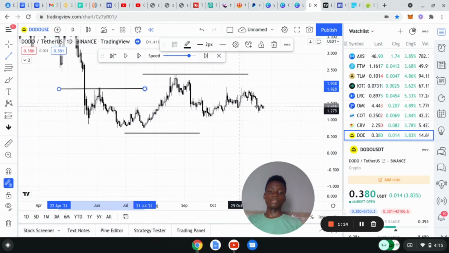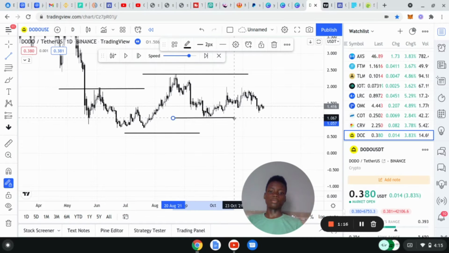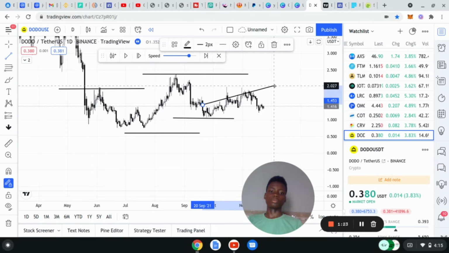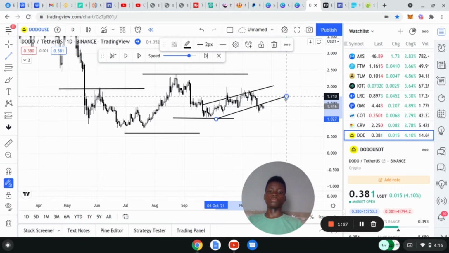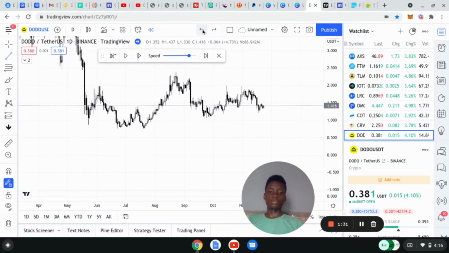Now we had another low here, and this is consolidation. Let's just call this one consolidation phase. So that is the first thing. We already know that Dodo is on an uptrend from just simple market structure, breaking of previous highs.